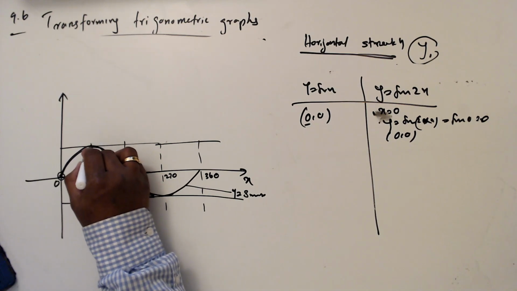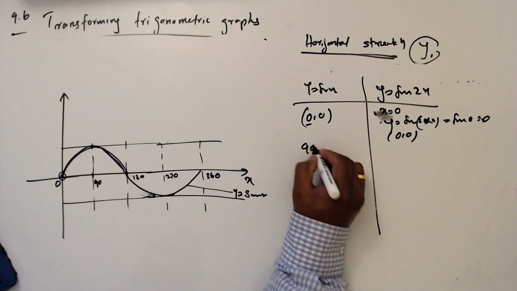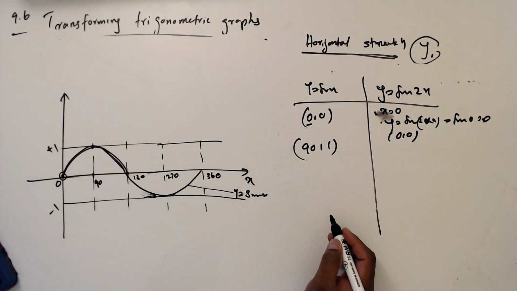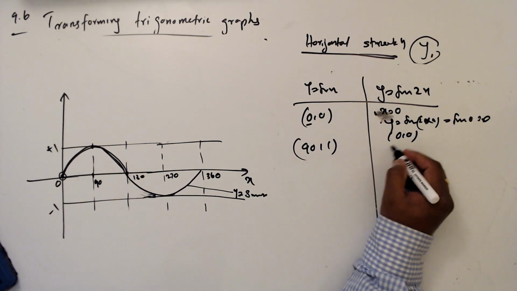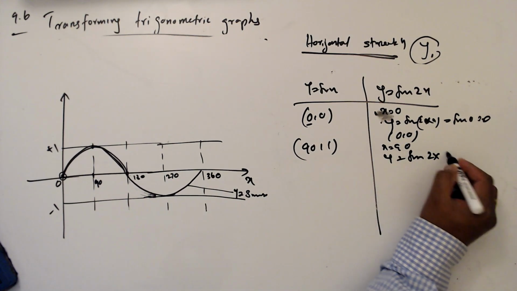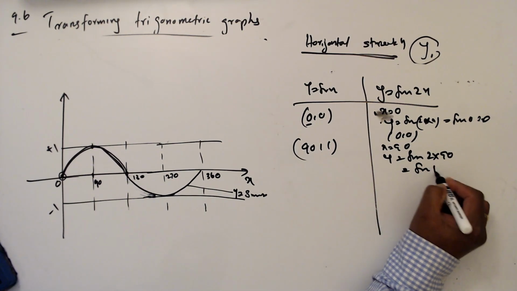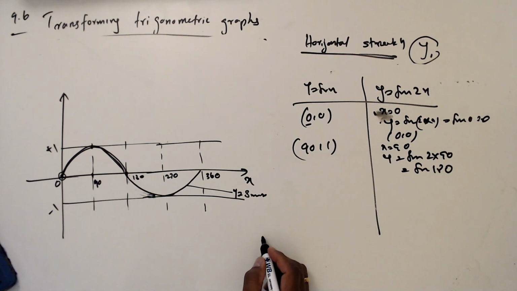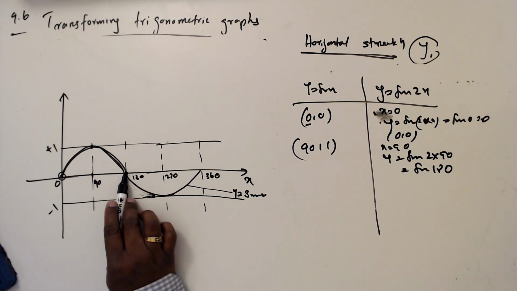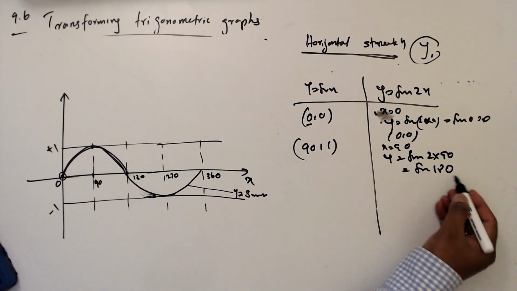Right, so let's consider this one: 90 and 1. This is plus 1 and negative 1. What will happen? When x equals 90, y equals sine 2 times 90, sine 180. Can you tell me the sine 180 value? Sine 180 is 0. Or you can look at it from the calculator.